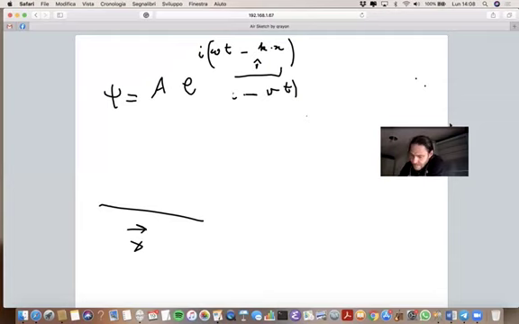Right, because it's a matter of pulling out a factor and getting some answer. So this is as good a propagating wave as the other expression that I gave.